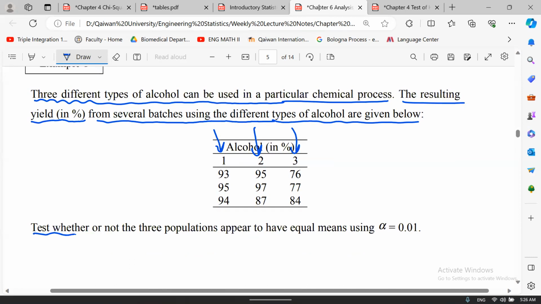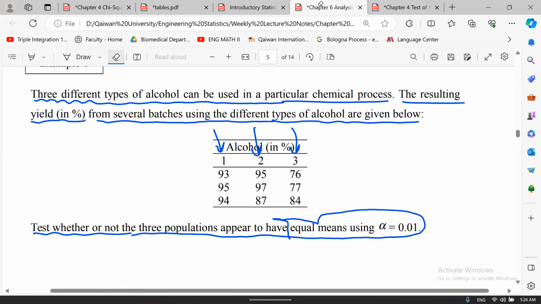It says test whether or not the 3 populations appear to have equal mean using alpha to be 0.01. This is equal means. 3 types or 3 kinds of alcohol have the same mean. Okay, equal mean means has the same mean.